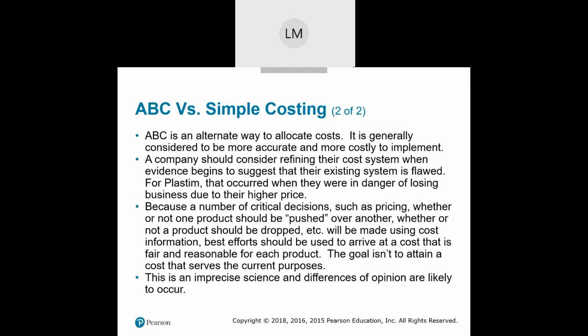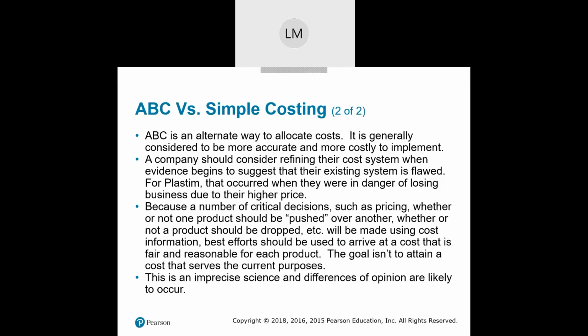But we may not see that diamond because it's covered up by so much other muck around it that when we use an activity-based costing system, or more refined costing system anyway, and we clean off some of that muck that's distorting our view of product costs, then we may be able to see something that we didn't see before.